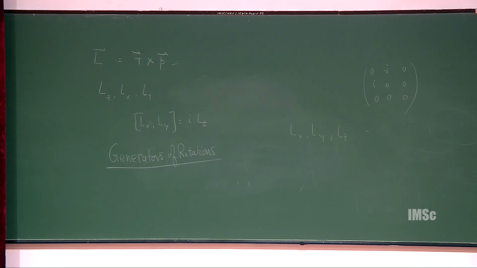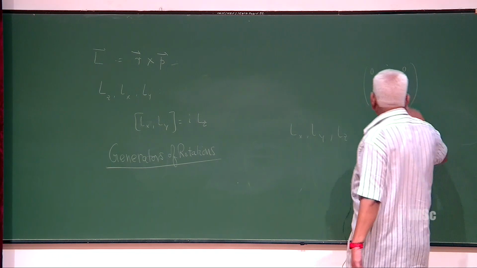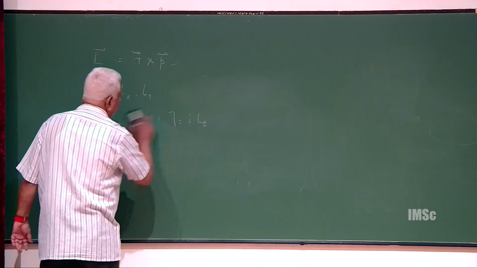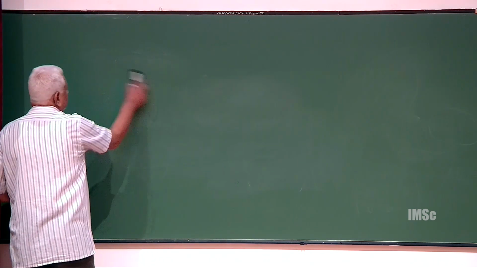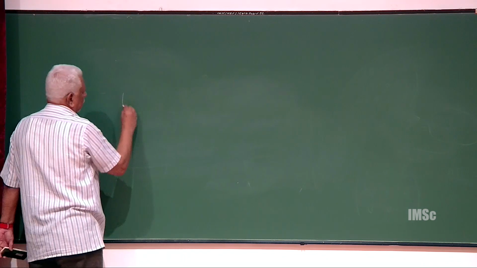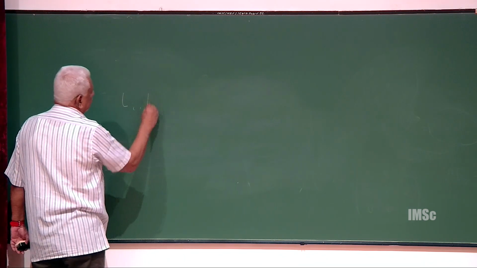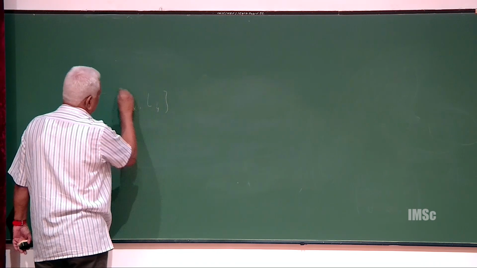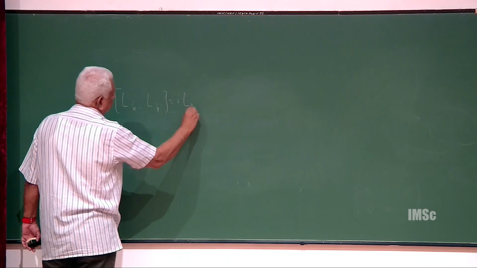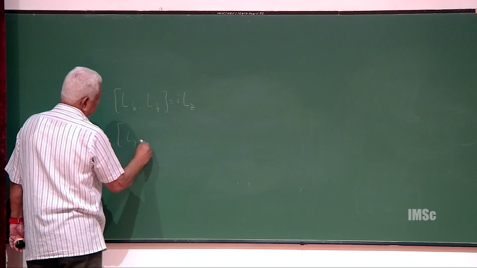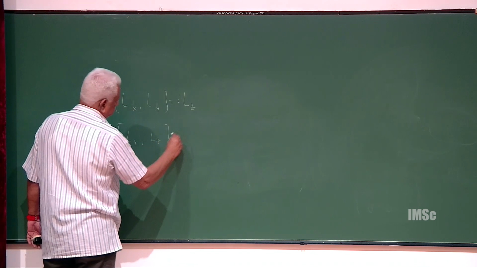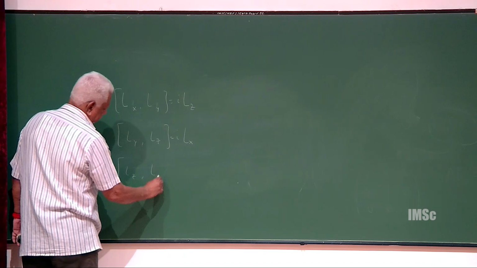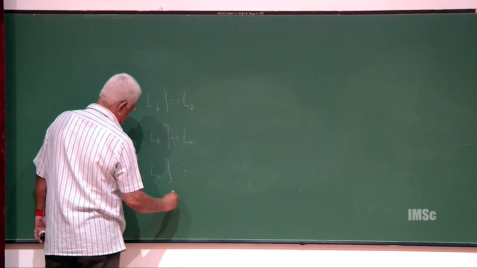Given this, I am going to look at the angular momentum theory briefly. So let me write: Lx Ly is I Lz, Ly Lz is I Lx, cyclically Lz Lx is I Ly.